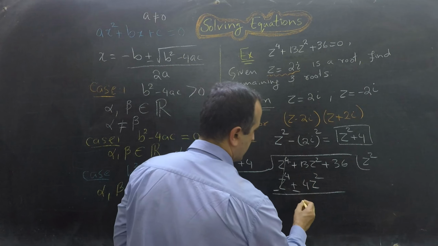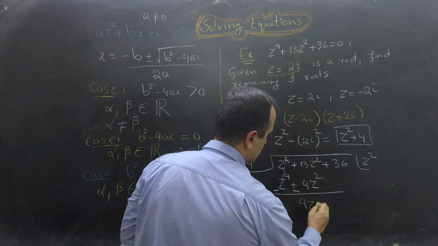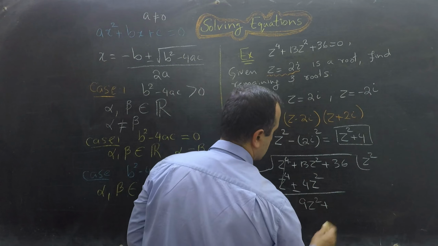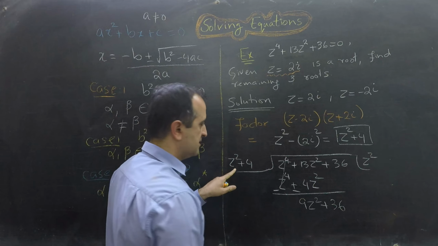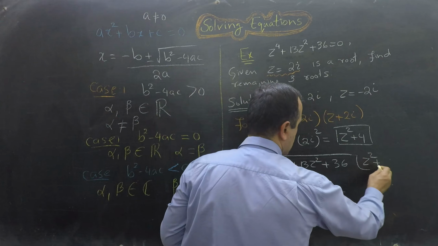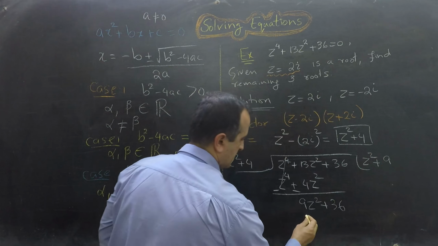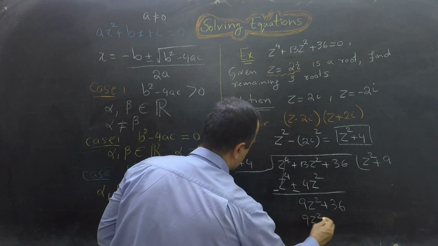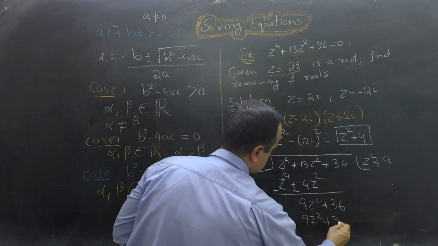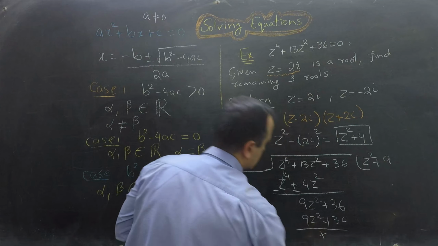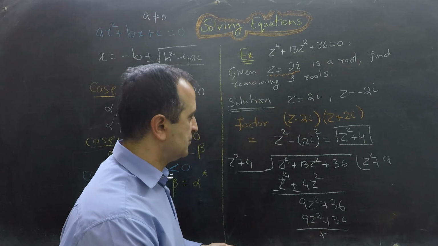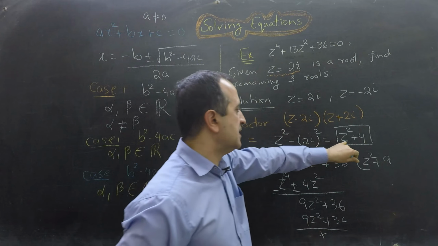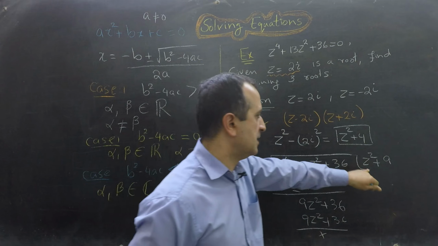I will have here 9z square plus 36. Now I multiply z square plus 4 with 9, and I will get 9z square plus 36. So that means this equation has two factors, which are z square plus 4 and z square plus 9.